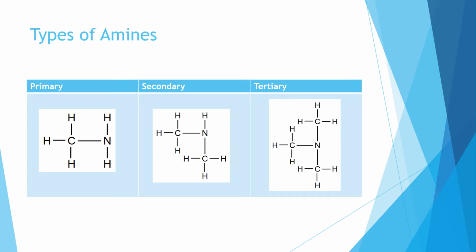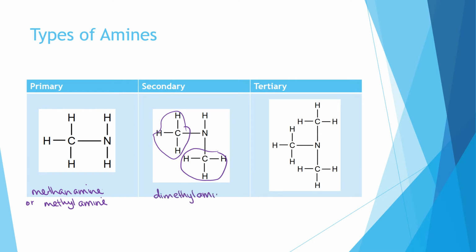Here's an example of the 3 different types of amines. This one would be called methanamine or methylamine. This one here, because it's got 1, 2 methyl groups, would be called dimethylamine.